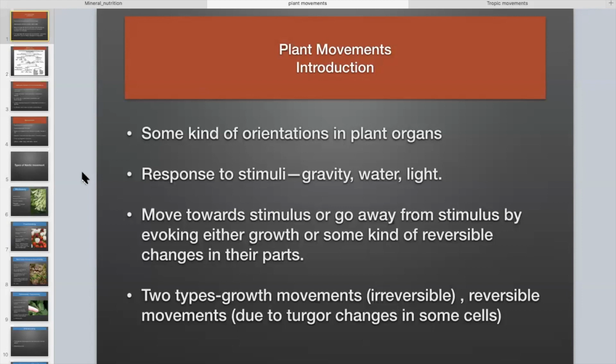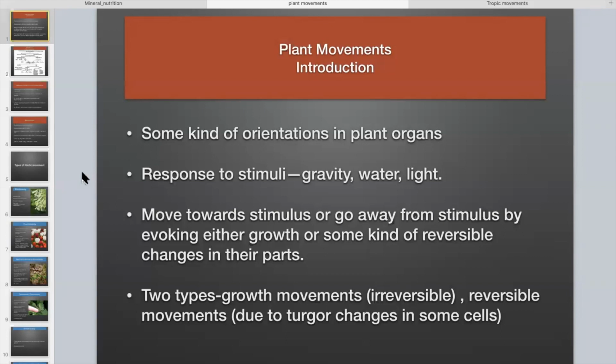Irreversible means if they are moving towards the stimulus, they will not move away. There will be no change. Reversible movements and irreversible movements are the two types of movements seen in plants.